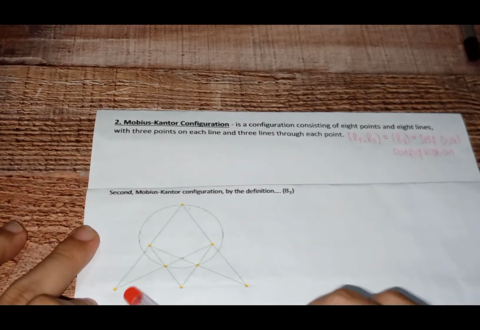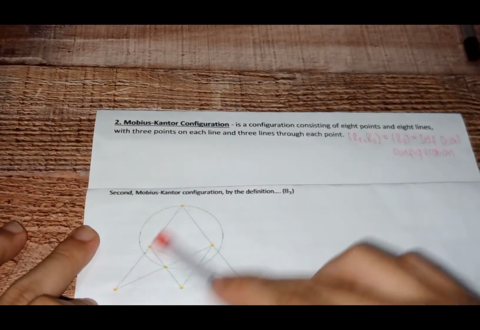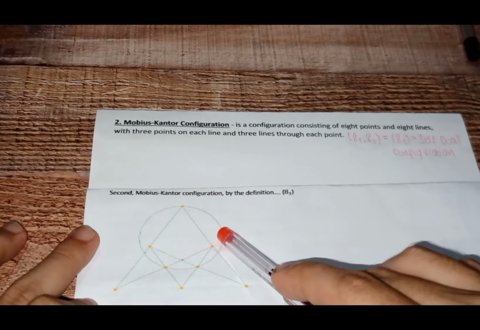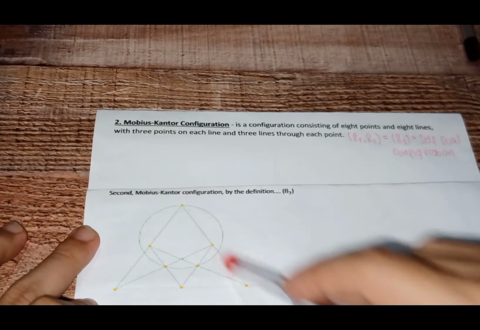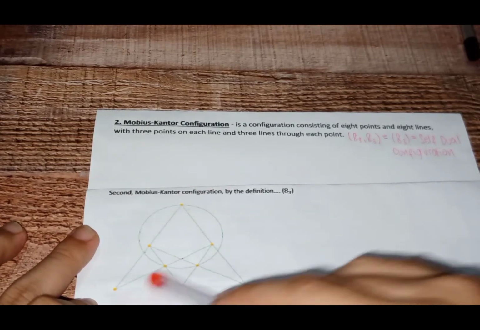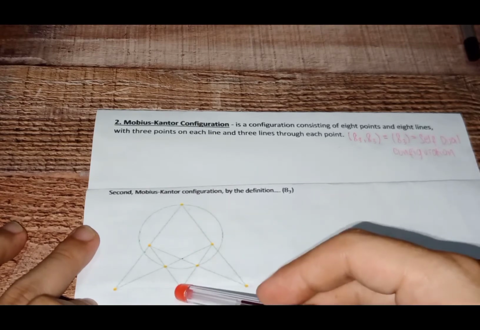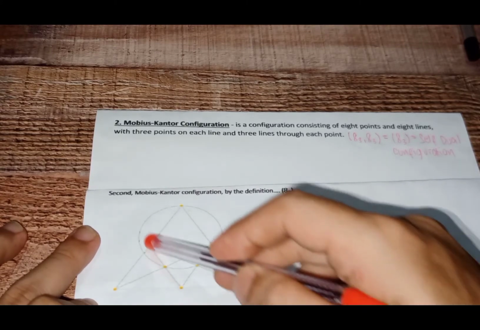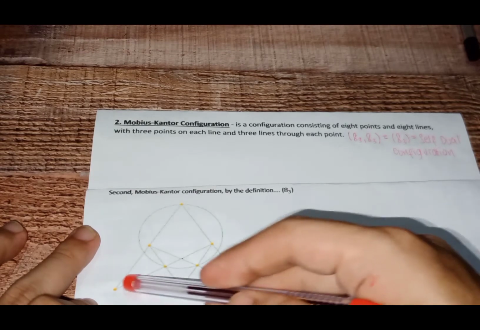Let's see. This point is 1, 2, 3. This point is 1, 2, 3. This point is 1, 2, and 3.